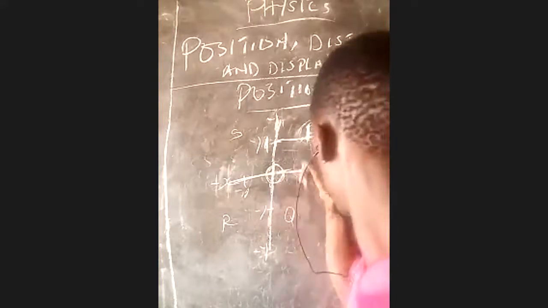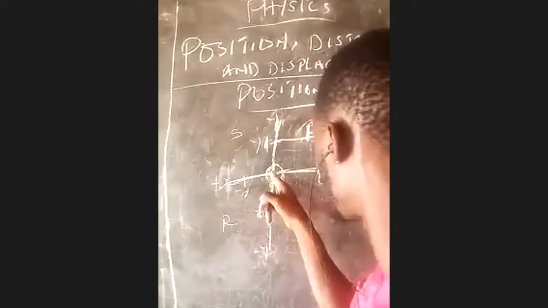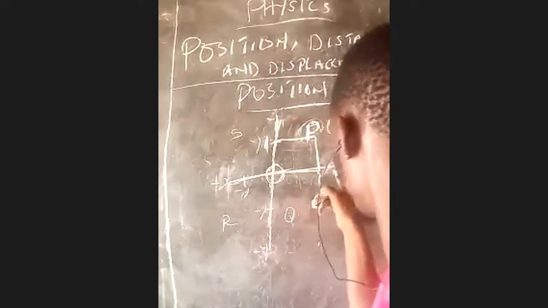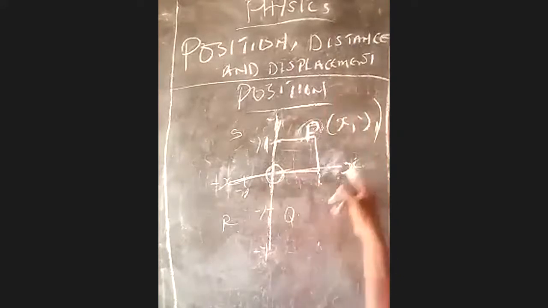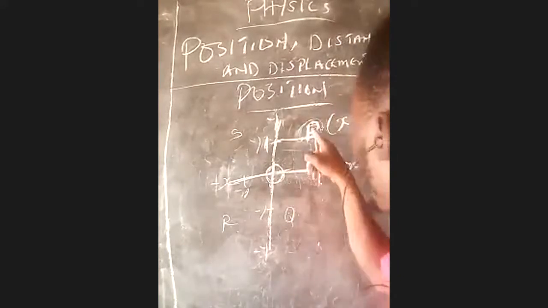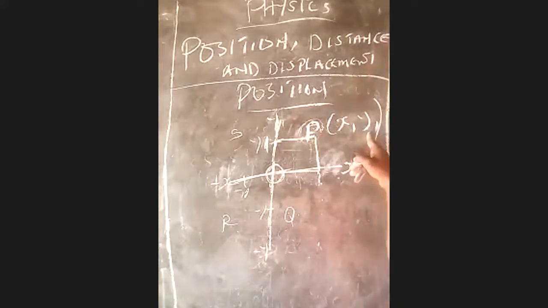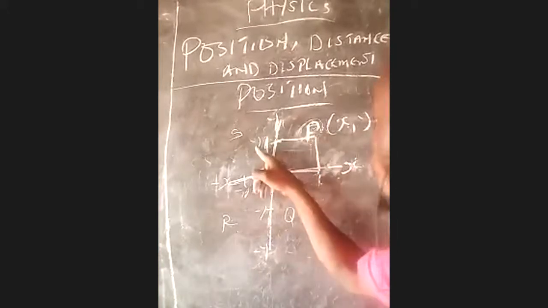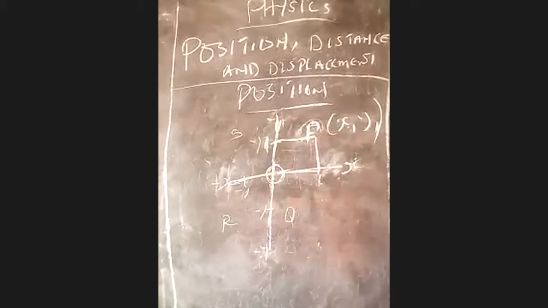The position of P from 0 in this S axis is S1, while the position of P in the Y axis is Y1. That is what I'm trying to explain.